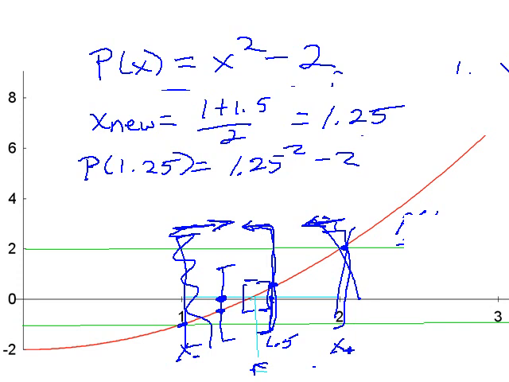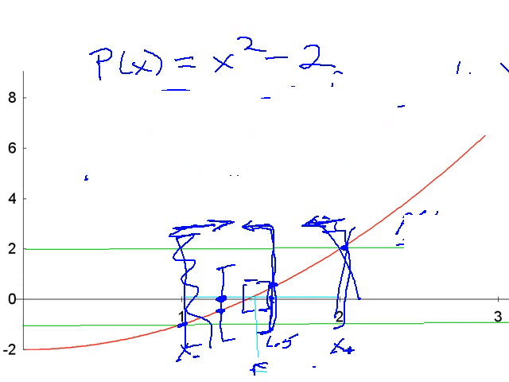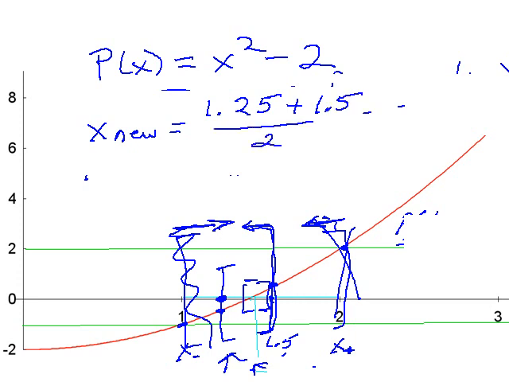And now I take those two numbers and I add them again. Let me erase some of that. So my new value, I'm going to take the 1.25, because that was this value right here, and the 1.5, the one that's on the other side of this bracket. I divide by 2, okay, and I get 1.375.